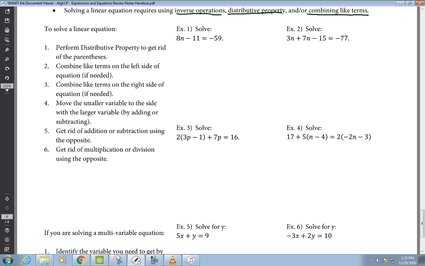First step, perform the distributive property to get rid of the parentheses. Then, steps 2 and 3 are one combined step. They're both combining like terms. Combine like terms on the left side of the equation, combine like terms on the right side of the equation. That really wouldn't need to be separated like that unless you have variables on both sides, which we'll get to in a second.